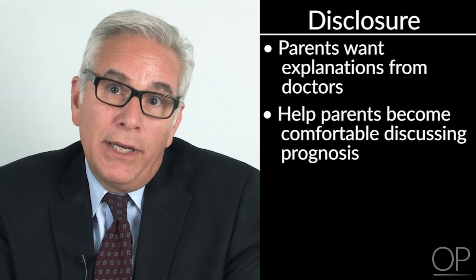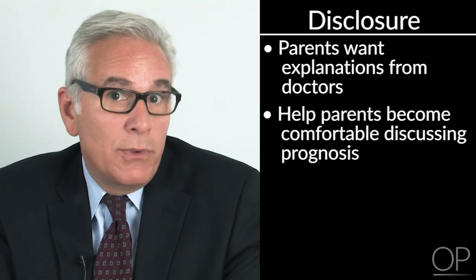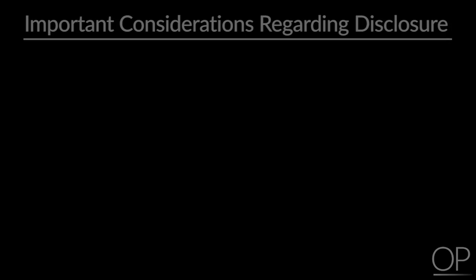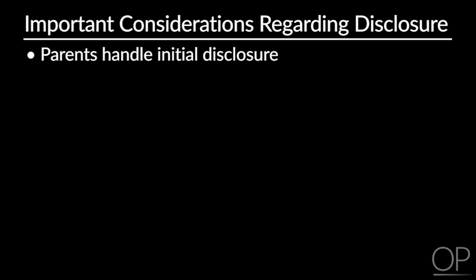And the only way to help parents to do this is to talk with them about it. So there are some basic things to keep in mind when thinking about disclosure. The first is that initial disclosure to children usually does come from their parents, and that the parents need to deal with it first. And part of being a pediatrician is helping parents to deal with it first.